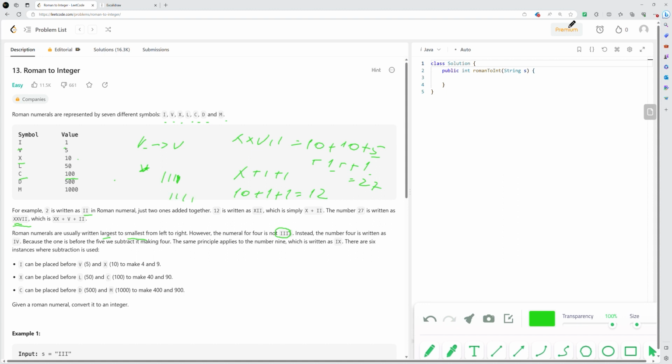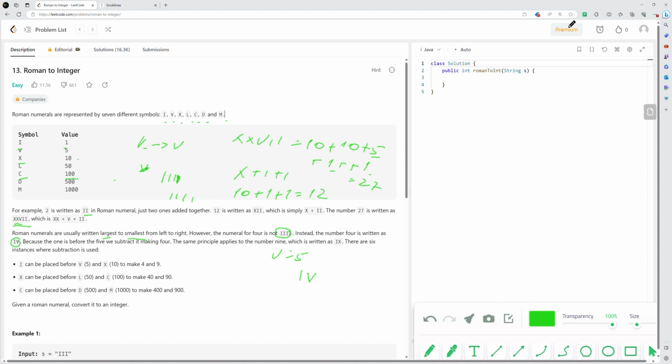To represent the number 4, we use a different approach: subtraction. Because the 1 is before the 5, we subtract it to make it 4. So V is equal to 5, and if we put a lesser value symbol before one that has a larger value, we subtract.